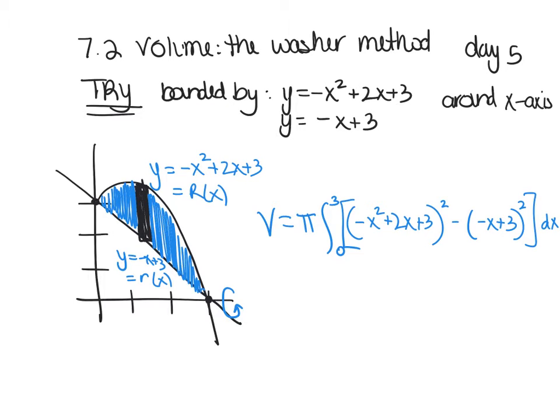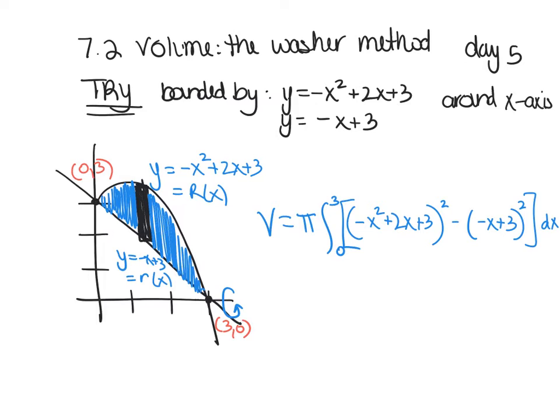Okay, so this is your picture. You have an upside down parabola, you have a line, they intersect at the points (0, 3) and (3, 0). If you set those equal to one another to figure out where they intersect, you get x equals 0 and x equals 3.